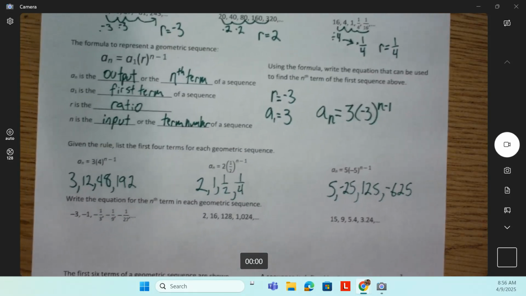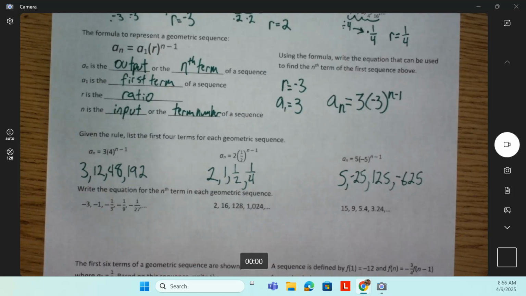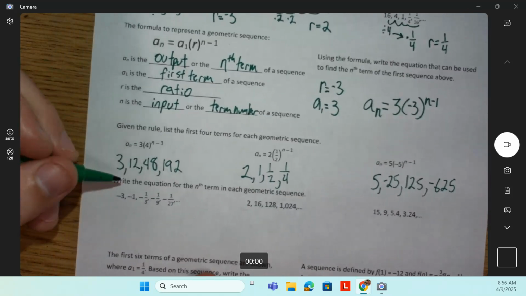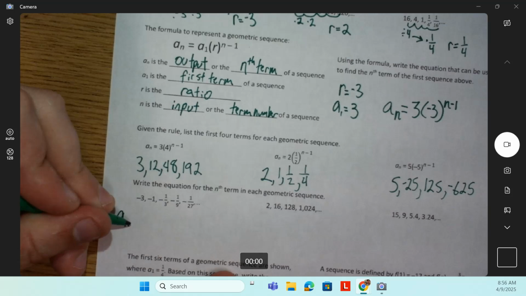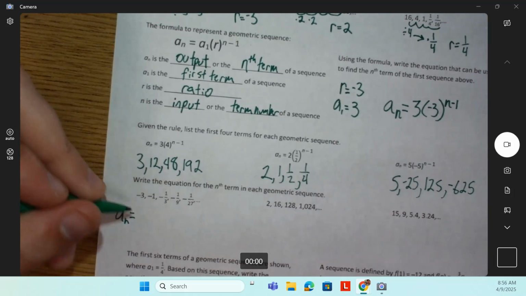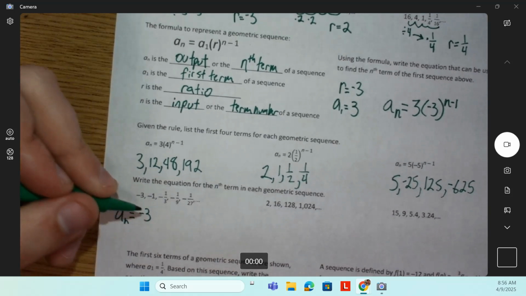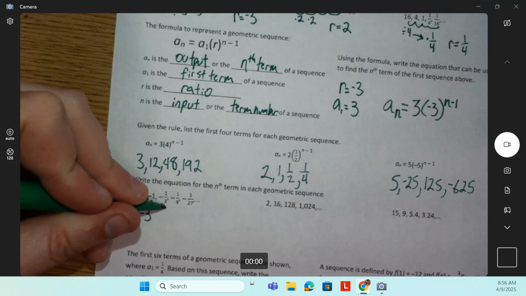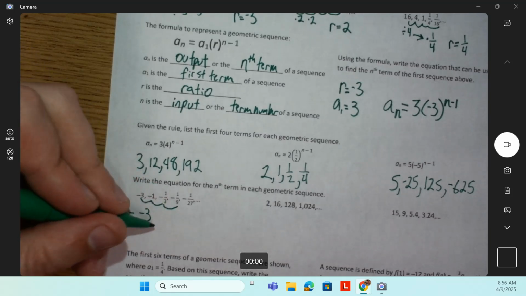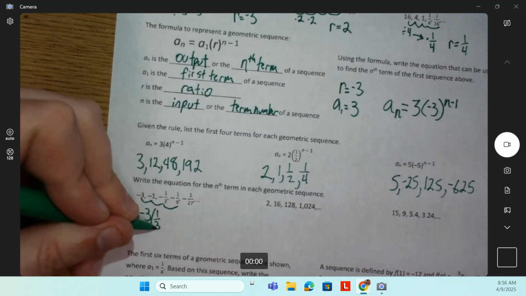And the other way you could see it is writing the nth term of the geometric sequence, or an equation for it. So if we write the equation, it'd be a_n equals, always our first term to start. And I could say, well, looks like I'm dividing by 3 each time. So that means I'm multiplying by 1/3.